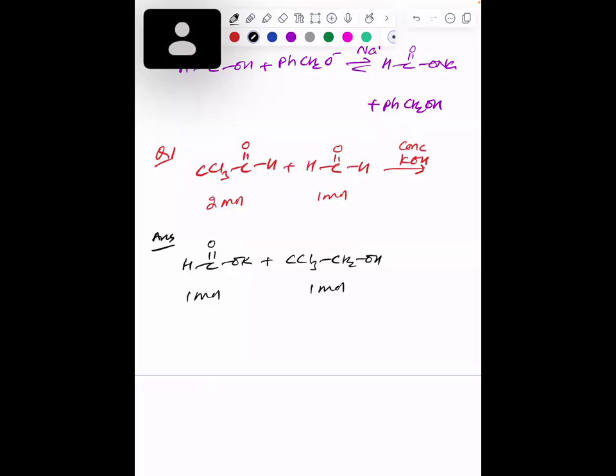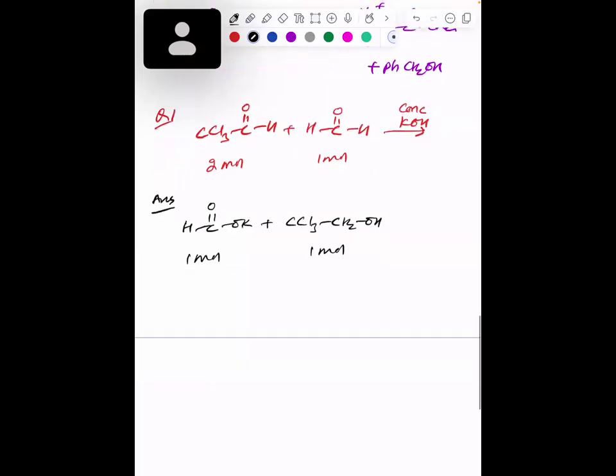But the reaction cannot be stopped here. The 2,2,2-trichloroethanol present is 1 mole. So 50% of that 1 mole will undergo oxidation and the remaining 50% will undergo reduction.